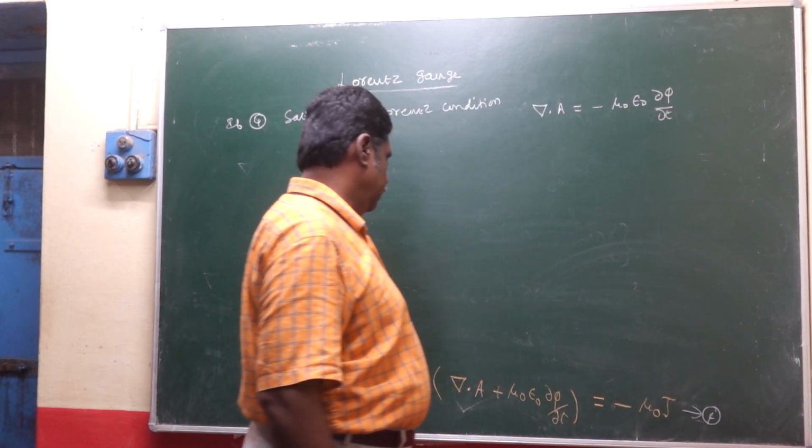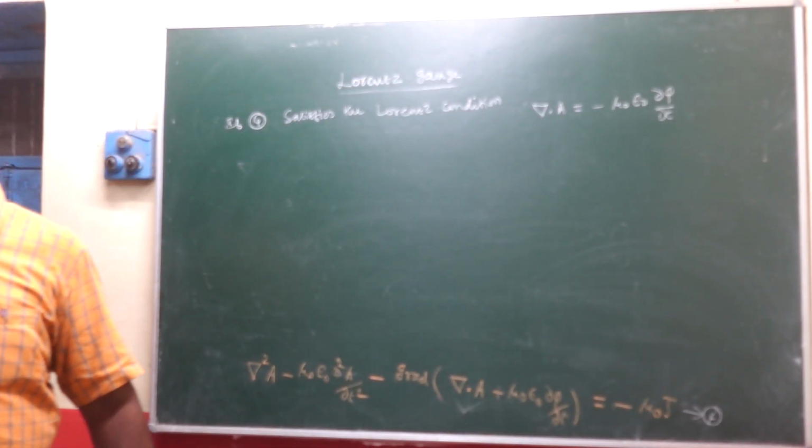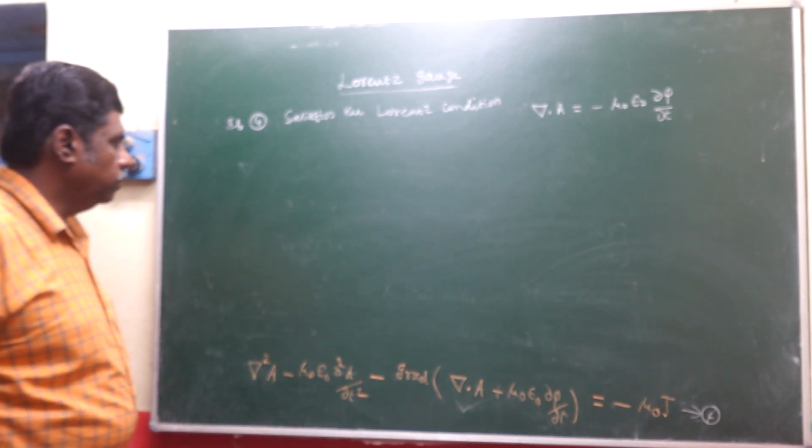This is our Lorentz condition. That means div A plus mu naught epsilon naught dou phi by dou t equal to 0.